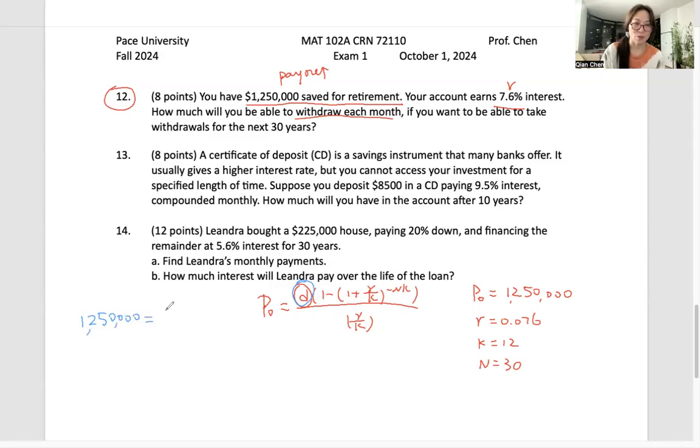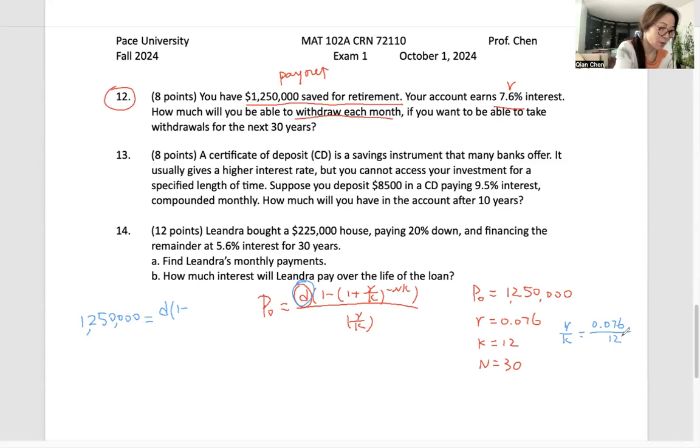Then that equals, we don't know D, we're trying to find D. So 1 minus, let's calculate R divided by K first. R divided by K equals 0.076 divided by 12. Let's hit that into the calculator.